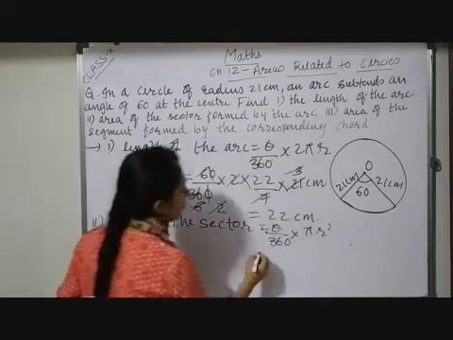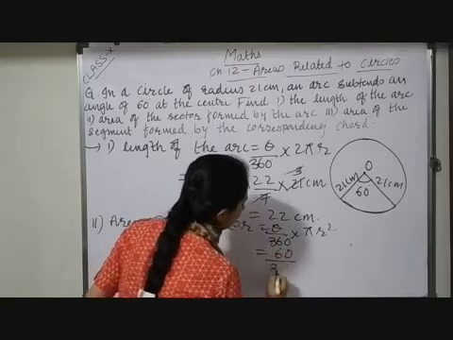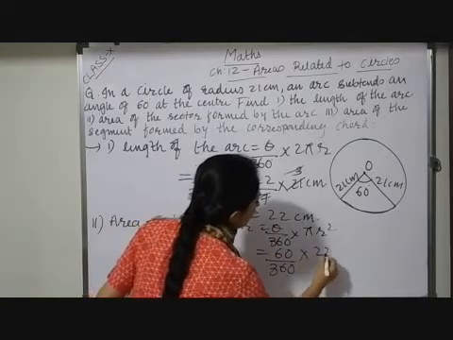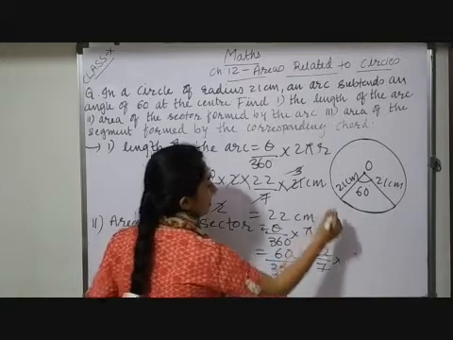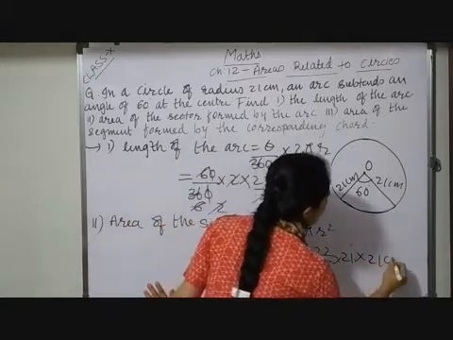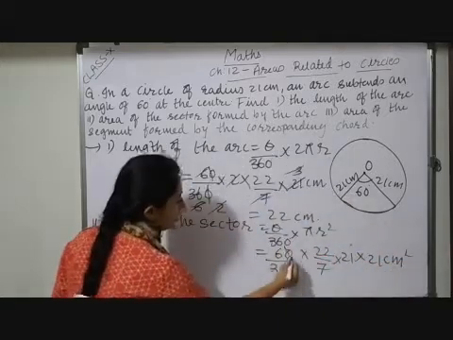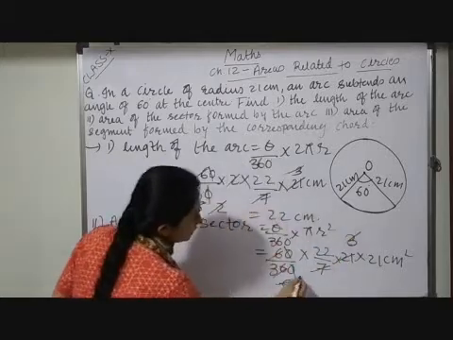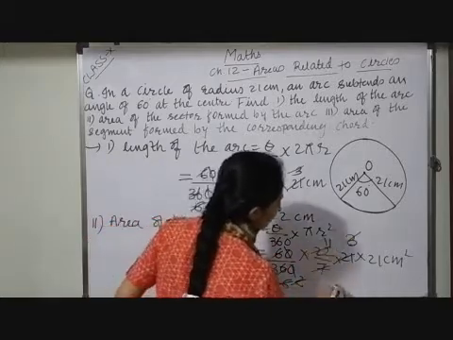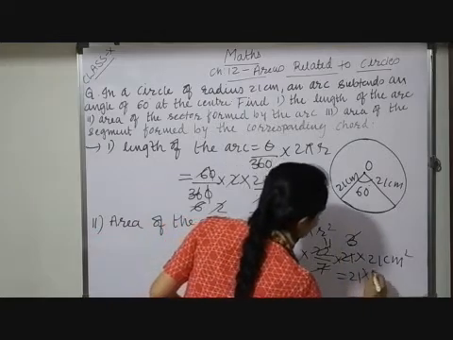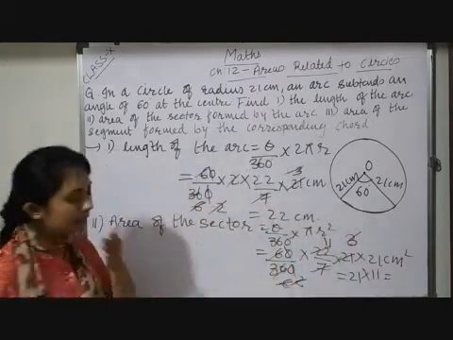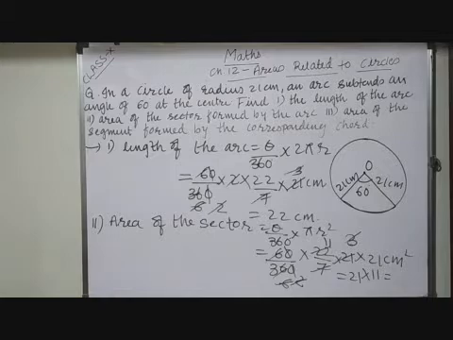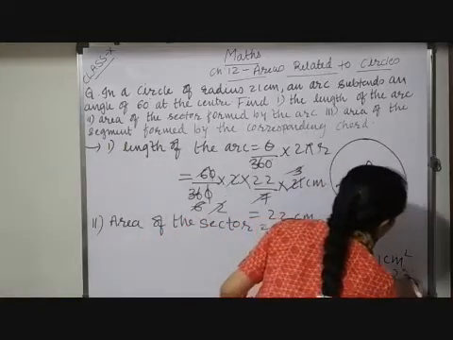Now theta value we know, that is 60 upon 360 into 22 by 7, radius 21 into 21 centimeter square. Now 0 0 cut, 6 6 are, 7 3 are 3, 2 are 6, 2 11 are, so 21 into 11. When you multiply both, here you will get 231 centimeter square.